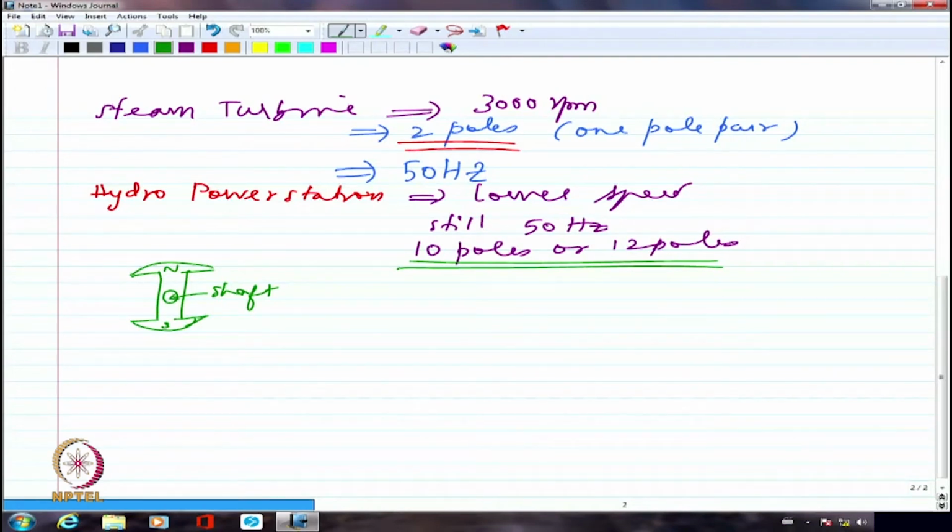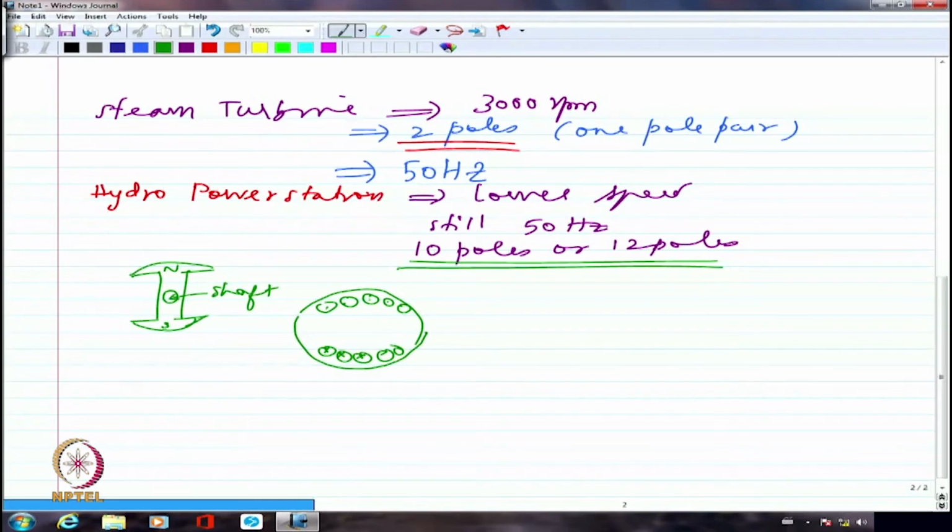That's the reason why invariably we simply have a cylindrical structure as the pole, but we only place the windings here and here. Then if I pass dot here and cross here, maybe I will create a north pole there and a south pole here. That's it. In the middle portion, I will not have any winding at all.